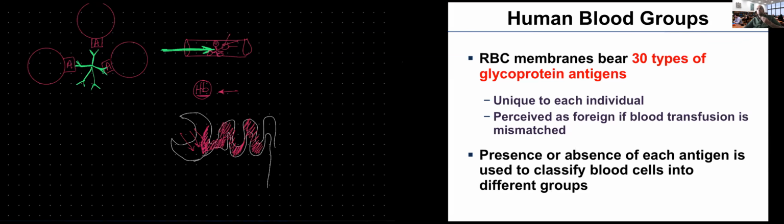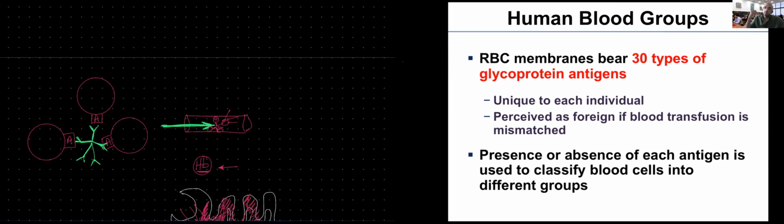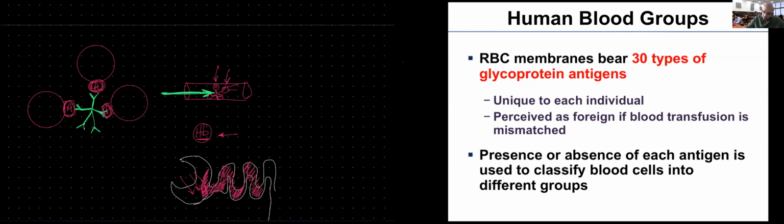So what is the problem again with a mismatched blood transfusion? Again, if I get exposed to a non-self antigen, my immune system starts to form immunoglobulins against this antigen, attaching multiple red blood cells together. This will cause the rupture of the transfused red blood cells and the release of the hemoglobin. And remember, hemoglobin normally doesn't get released in the bloodstream.